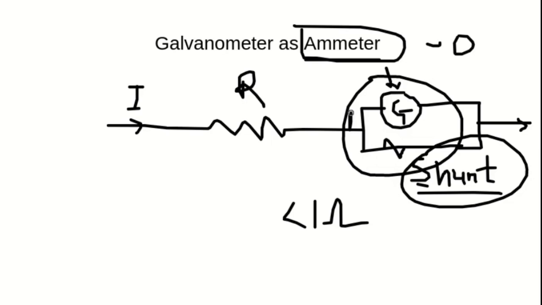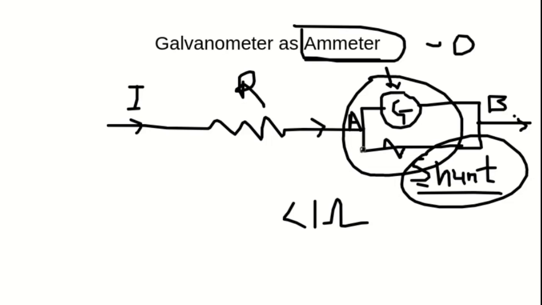Suppose here is point A and here is point B. If the resistance between these two points is very low, then most of the current flowing will pass through this path. As this is a very small resistance, current will pass through the path where the resistance is very low.